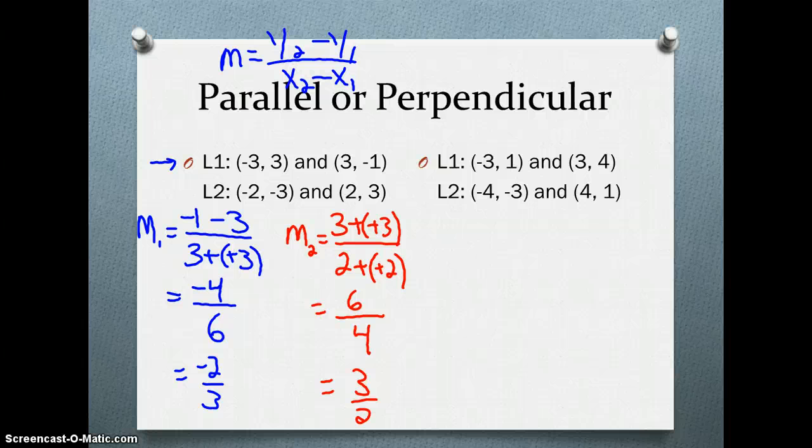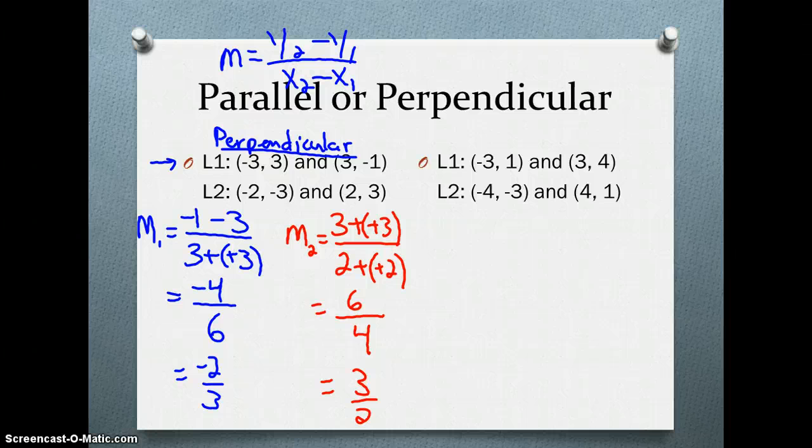And if we flip 3 halves, we get 2/3, and then take the opposite, we get negative 2/3. So these are opposite reciprocals. These are perpendicular.